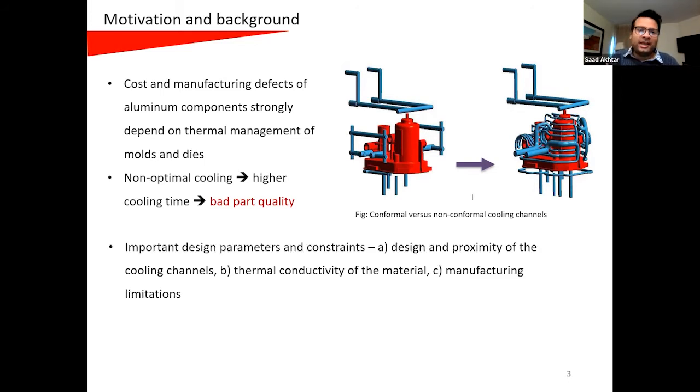From that, the important design parameters and constraints to consider are the design and proximity of the cooling channels, like I mentioned earlier, and what type of material you use for the cooling channel. You can design all you want, but at the end of the day, what matters is what you can manufacture, right, using the existing manufacturing technologies.